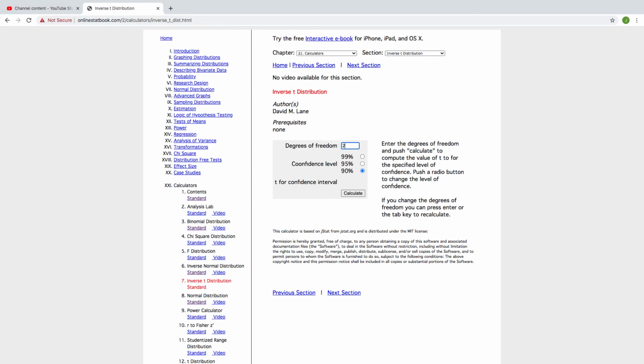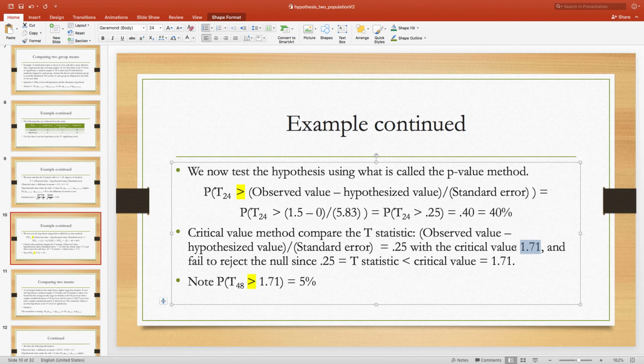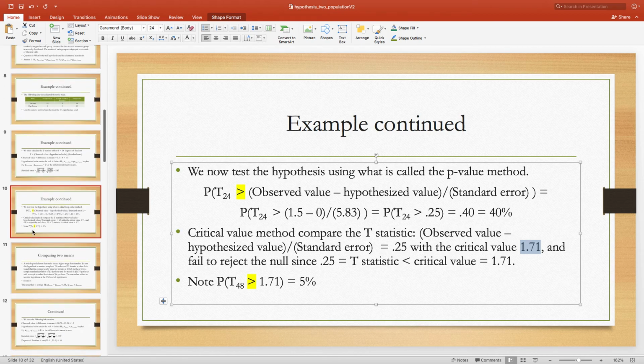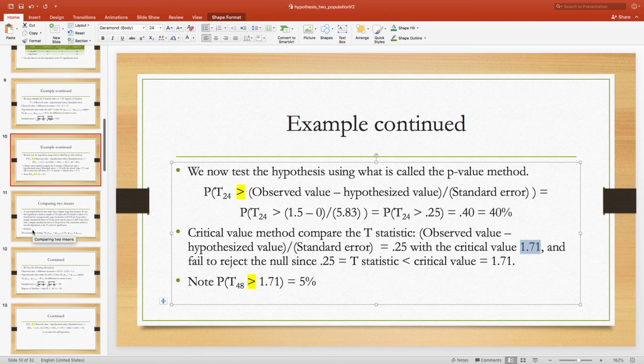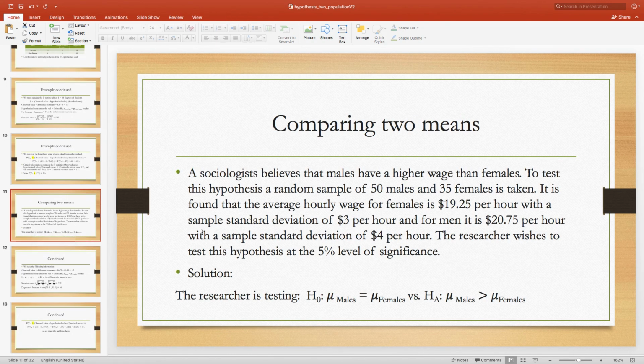And the degrees of freedom were 24, so I'm going to get this 1.71. That is the critical value for the t-statistic, and it's not bigger than that critical value, so I fail to reject it. Now, my suggestion is just to use the p-value, but you're welcome to use the critical value if you prefer. I suggest you do what works for you. They're both equivalent.